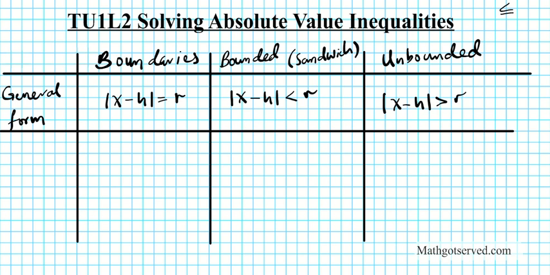Greater means you're not constrained by the boundaries. You just go in one direction forever, whatever direction it points in. And also note that unbounded regions can be combined with boundaries, and in that case you have greater than or equal to. So this is the general form of the three absolute value scenarios. We already worked on the first last lesson. We're going to be dealing with these two in this lesson.